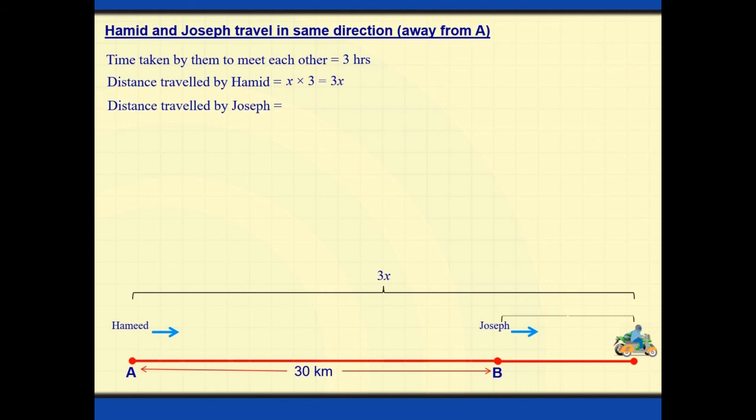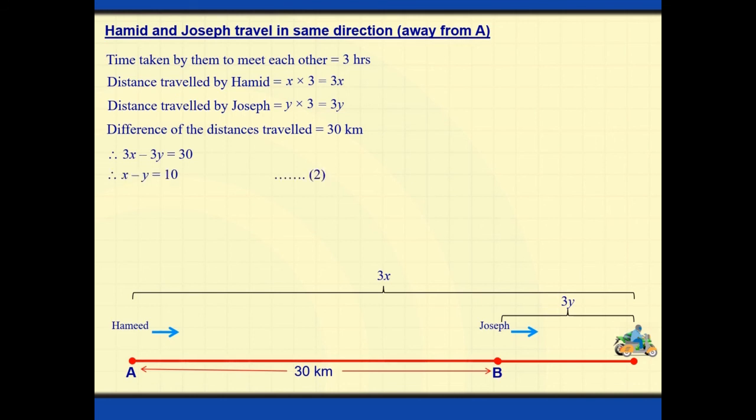Distance traveled by Joseph is y into 3, that is 3y. Now as you can see in the diagram, the distance traveled by Hamid is more than that of Joseph. So we can take the difference, and this difference will be 30 kilometers. So 3x minus 3y equal to 30, dividing throughout by 3 gives us x minus y equal to 10.